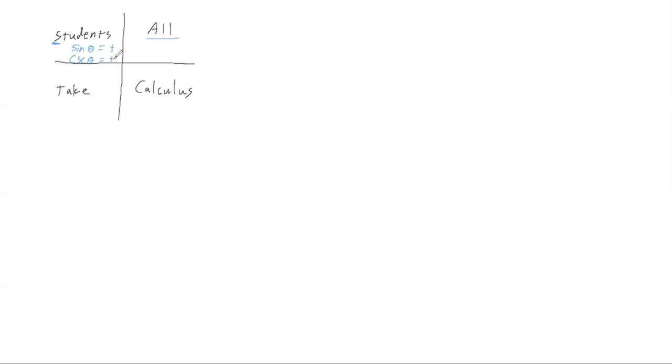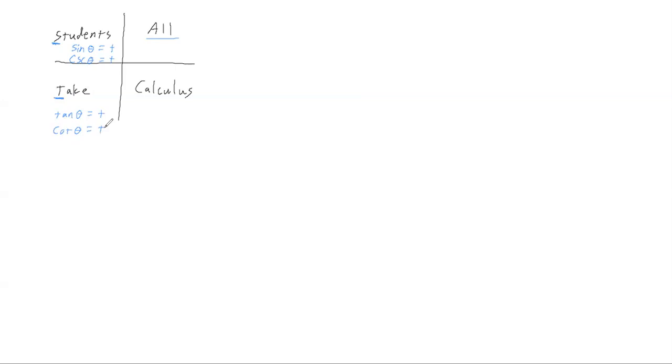Now what's going to be positive in quadrant 3 is going to be the T one. So the tangent of theta is positive, and its reciprocal, cotangent of theta, is also going to be positive there. But all the other trig functions are negative in quadrant 3.